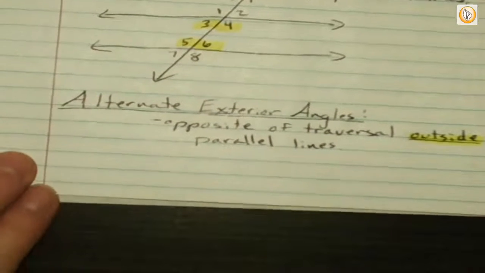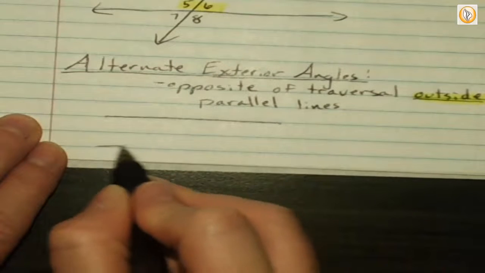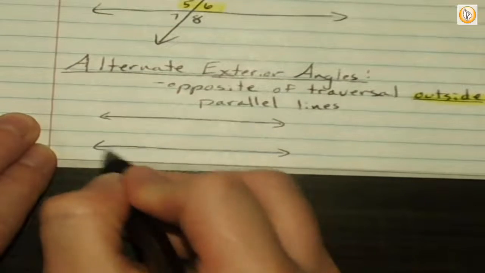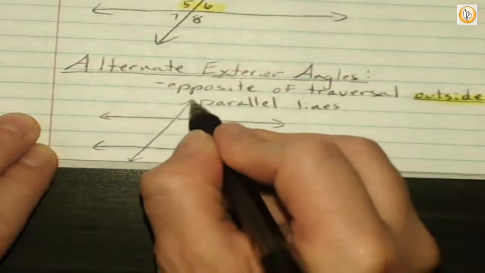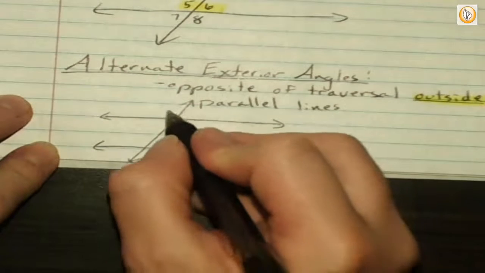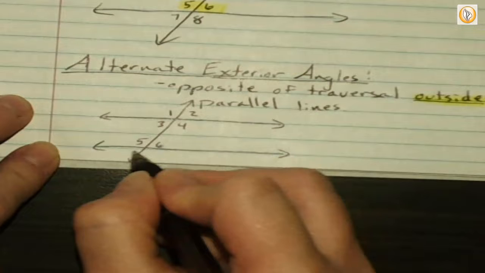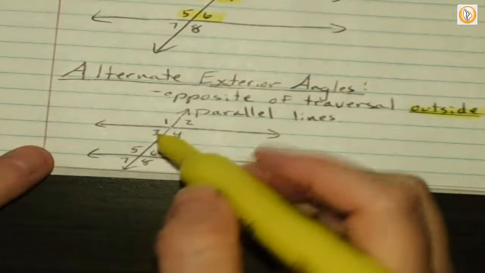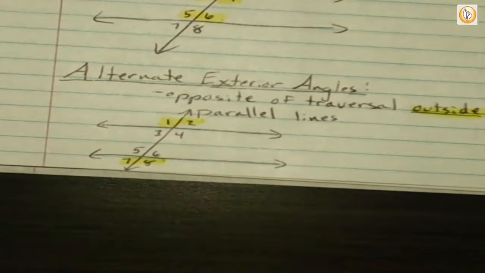So for example, here's my transversal. 1, 2, 3, 4, 5, 6, 7, 8. These are going to be your exterior ones.